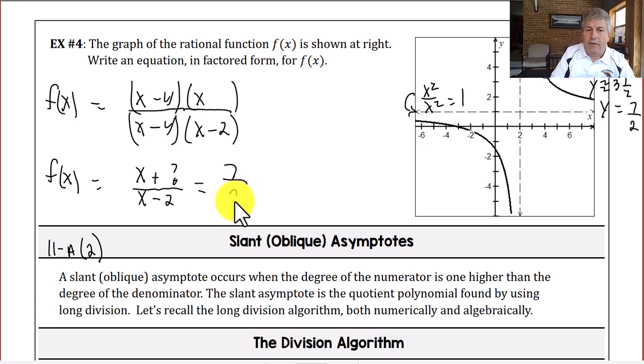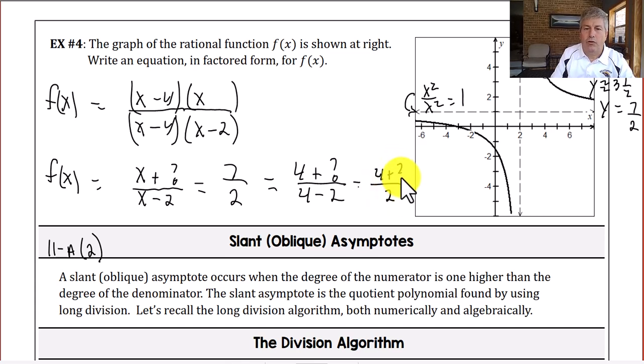that x plus something over x minus 2 has to equal 7/2. Well, we know what x is. X is 4. So we have 4 plus some particular value over 4 minus 2 has to equal 7/2. So what would that have to be? This is going to be 4 plus something over 2.